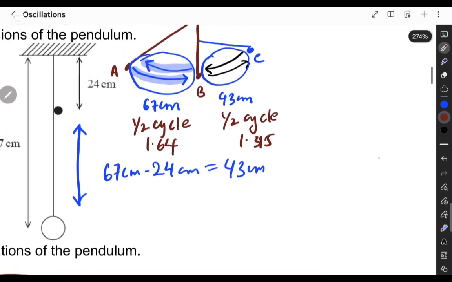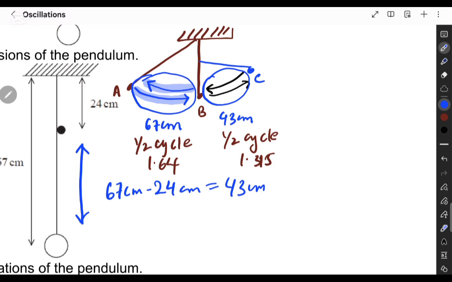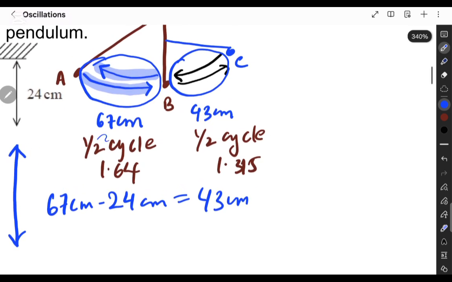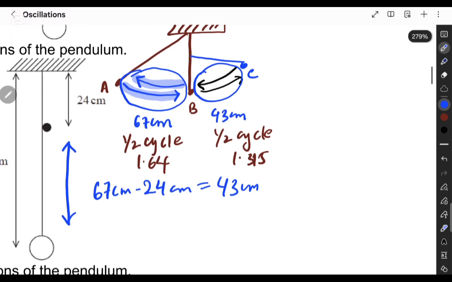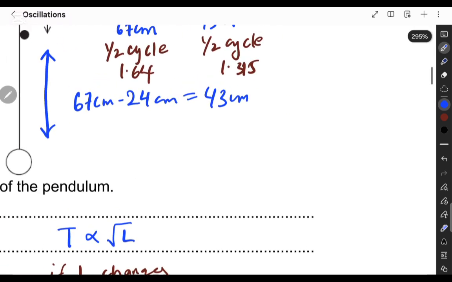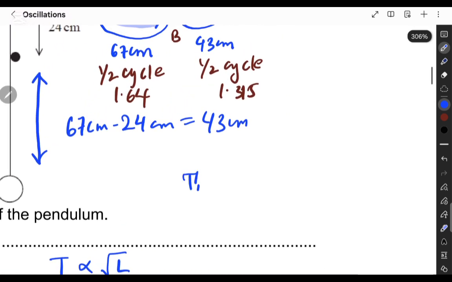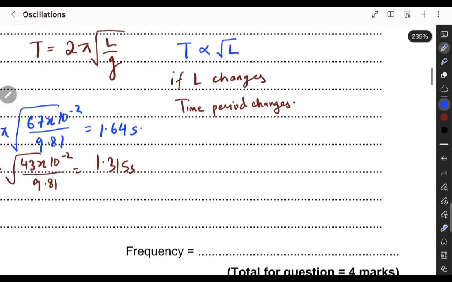Which means for half of the cycle, we're moving with 1.64, and for the other half, we're moving with 1.315. Now, the time periods T1 and T2 are for 4 movements. What does this mean, sir? Let's take the time period of 1.64.